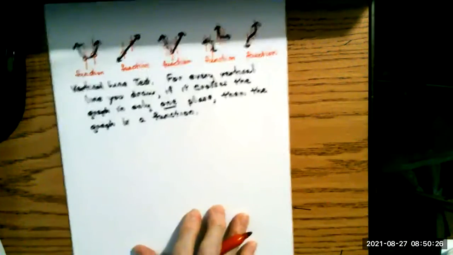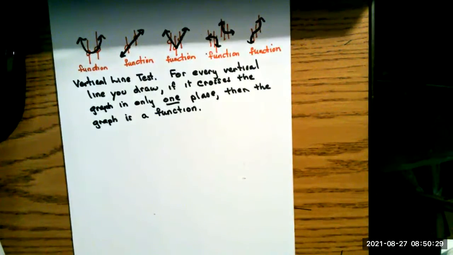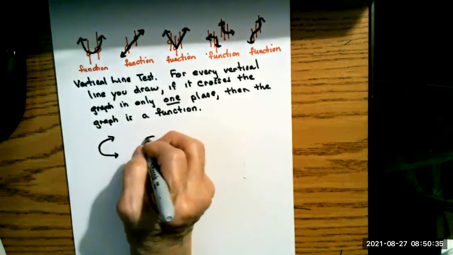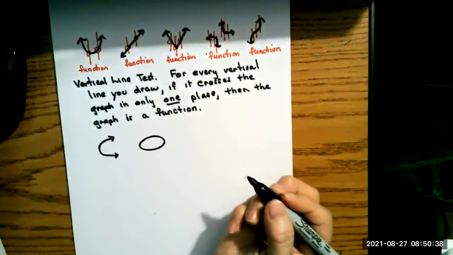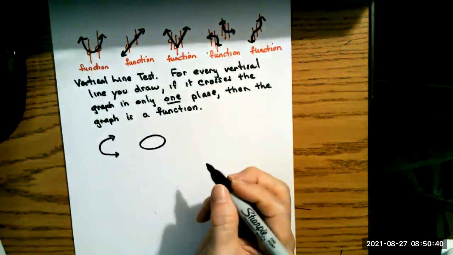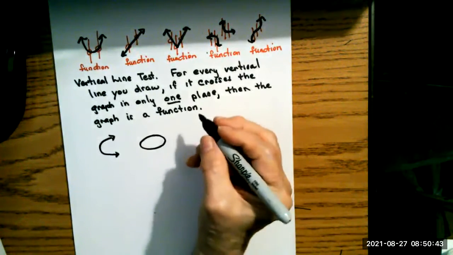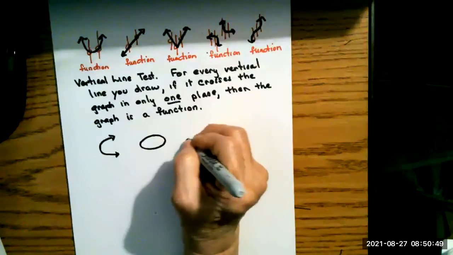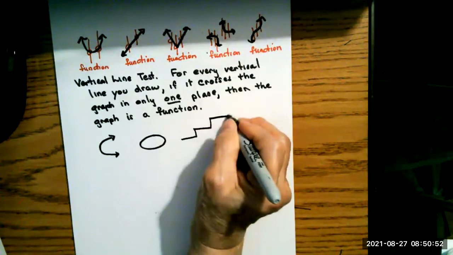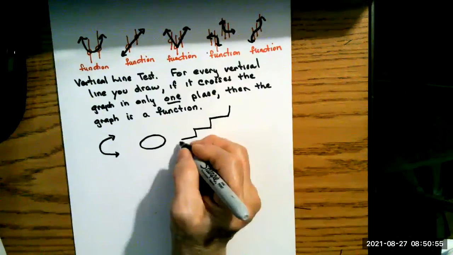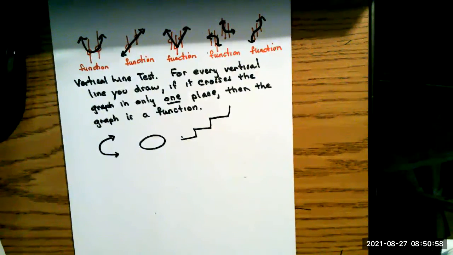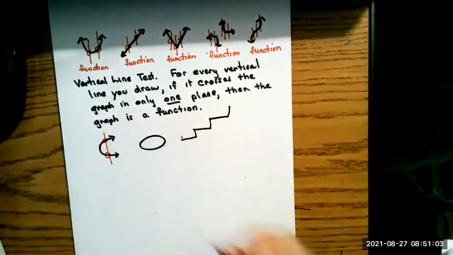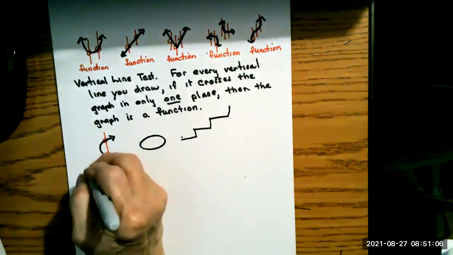Well, if all of those are functions, what does one look like that's not a function? So let's see. If we had a sideways parabola, or an oval, or something that looked like maybe this, then we can see that those are not functions, because if I drew a vertical line, I could see that it is crossing in two places there.